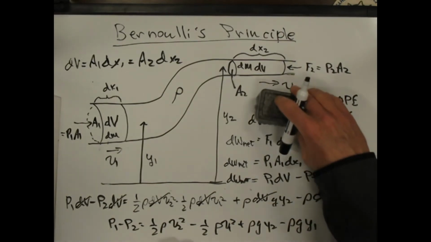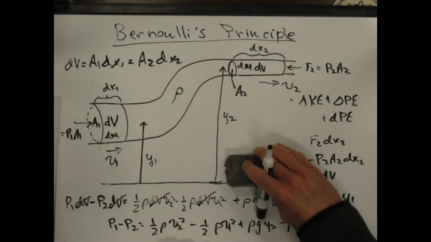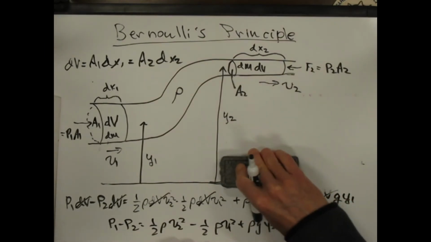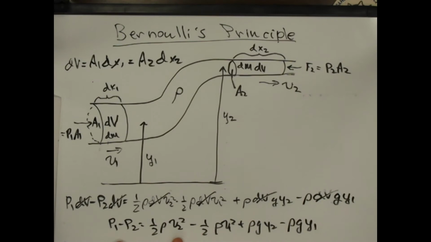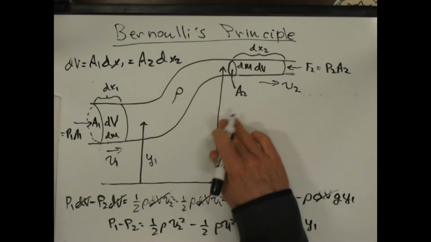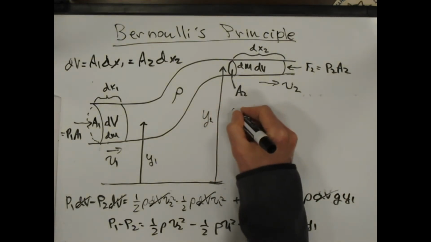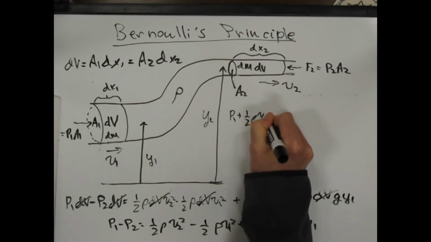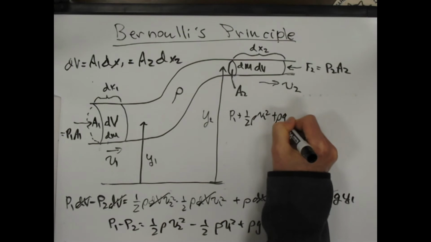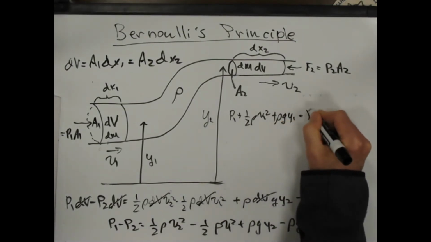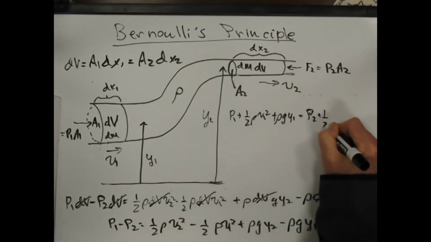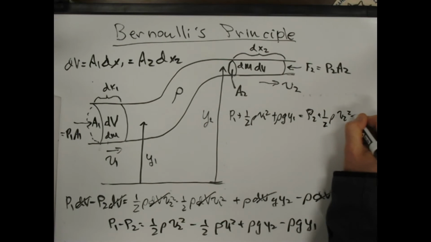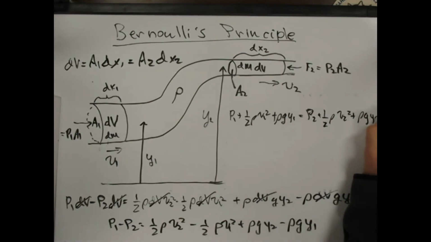And so now I'll erase all of this up here. What I'm going to do is put the things with 2 subscripts on the right-hand side and the 1 subscript on the left-hand side. And it says P1 plus 1/2 rho V1 squared plus rho g Y1 is equal to P2 plus 1/2 rho V2 squared plus rho g Y2.